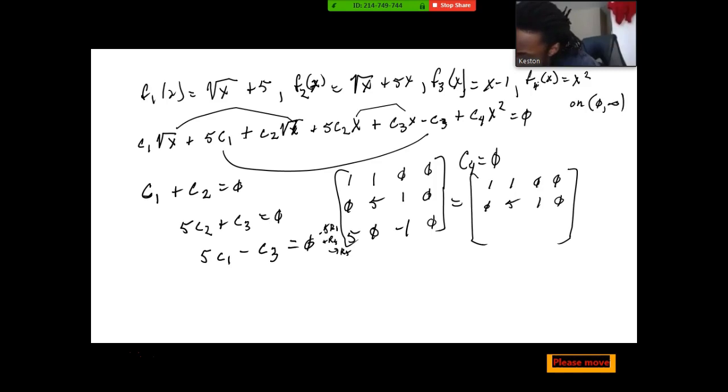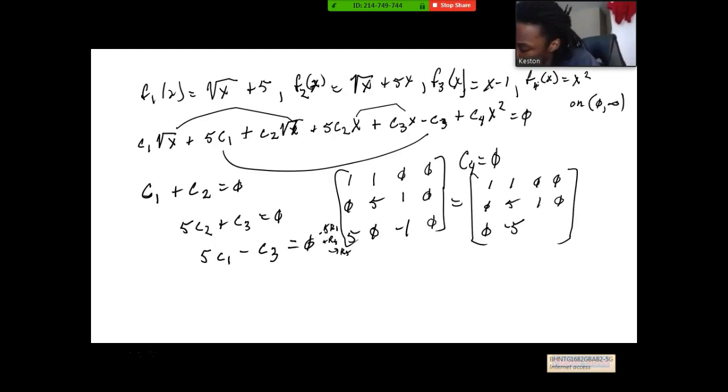So, minus 5 times row 1 added to row 3 becomes a new row 3. So that would be a 0. That would be a minus 5. Yeah, this is going to work. I'm almost certain of it. And that's going to be a minus 1 equals 0. Okay? Yeah. Guarantee this is going to work.